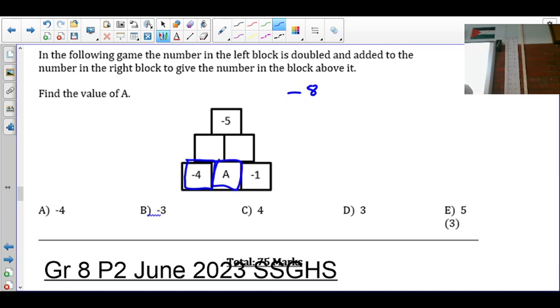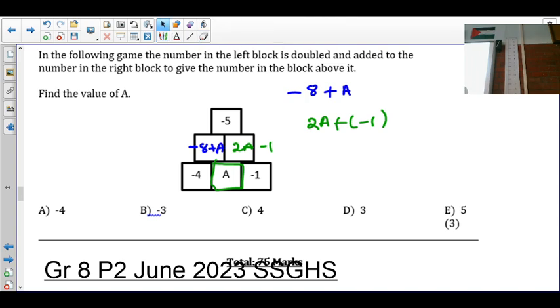Plus this number, so it's plus a. So this number here is going to be negative 8 plus a. Now for the other number, of course, I must double this number here. So it's 2a plus negative 1. So this is going to be 2a minus 1.